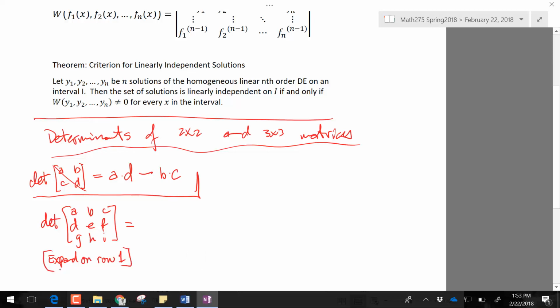And we can expand on any row or any column for that matter. And here's how it's going to go. So it's going to be expanding on the first row. We'll take my first element, and then I'm going to multiply by the determinant of the rest of the elements after I cross out the row and the column where A is. Okay? So after I cross that out, I have E, F, H, I.